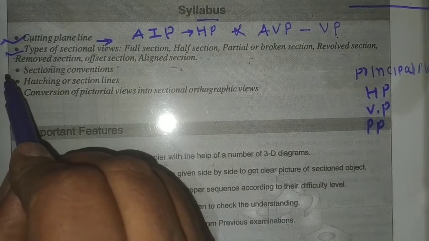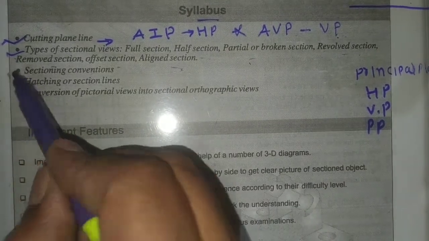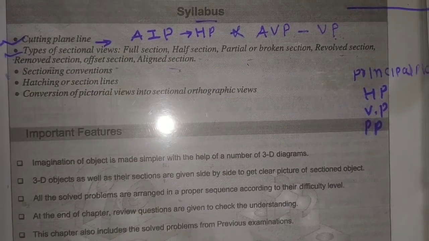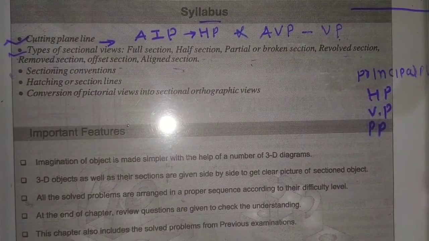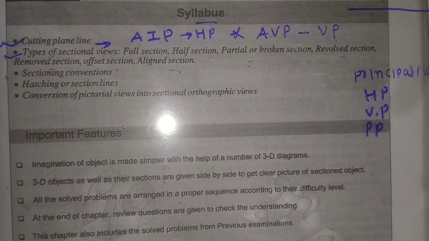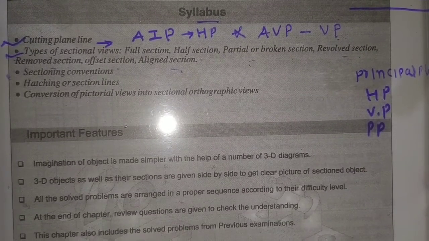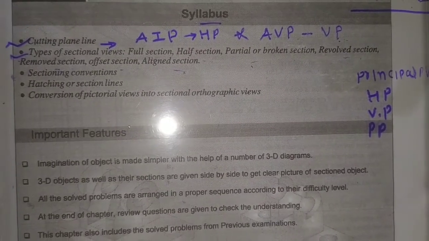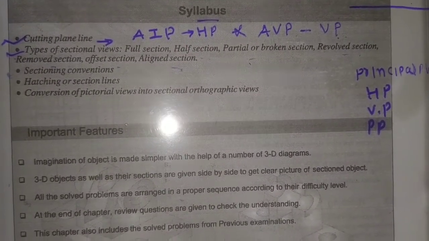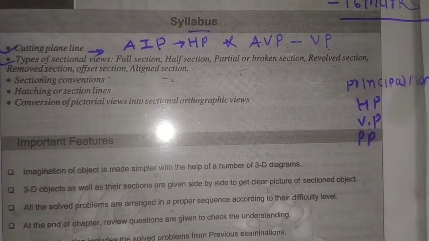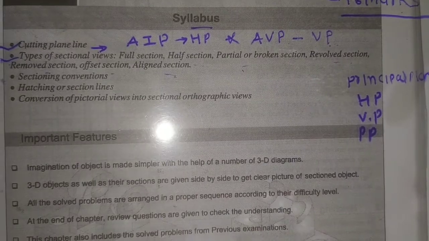Next, the sectional convention. The section plane is acting perpendicular to one of the respective principal planes and it cuts the object. That line, section line or hatching line, is on the surface of the object which comes in contact with the cutting plane, if you consider a hacksaw cutting the object.